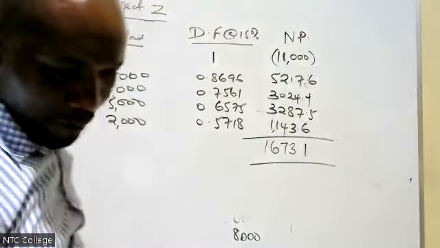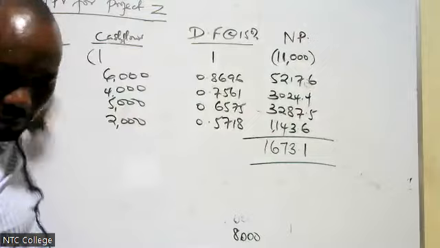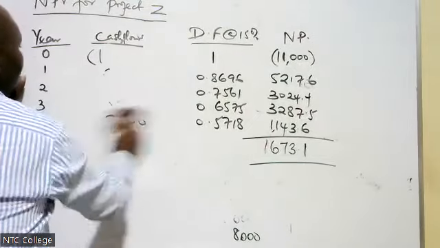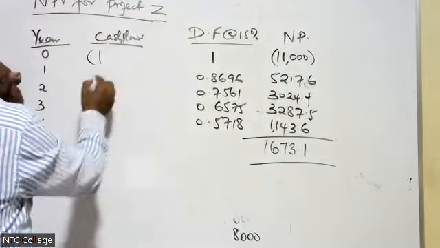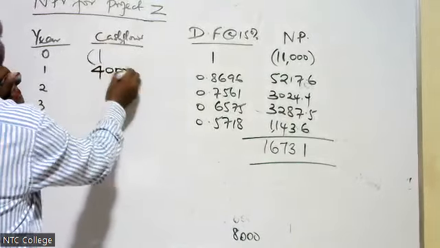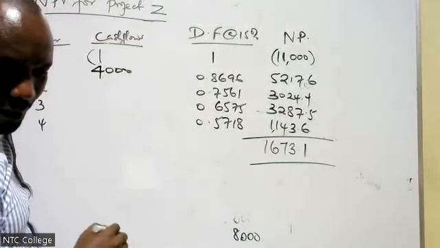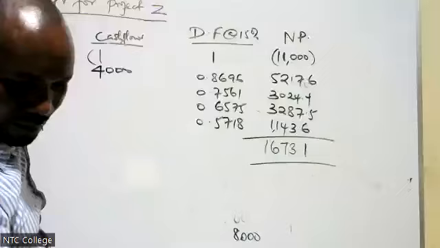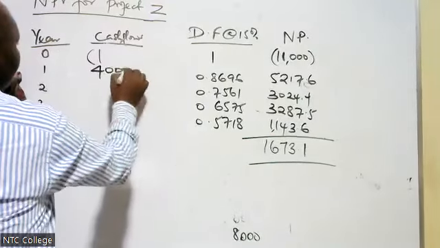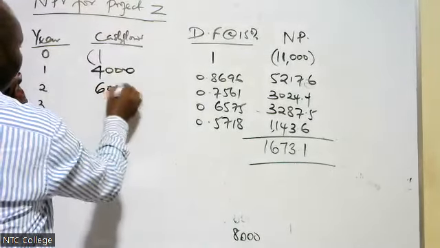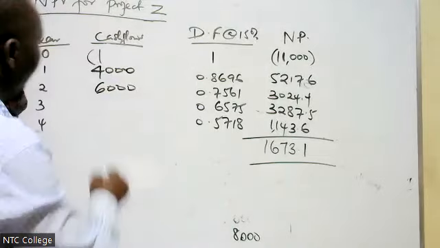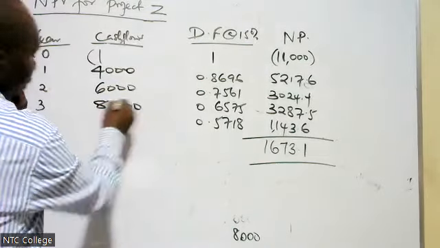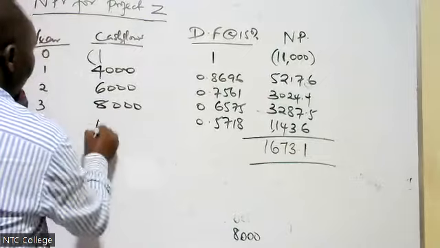The cash inflows, we have 4,000 in year 1. Year 2, we are having 6,000. Then we have 8,000. Then we have 12,000.